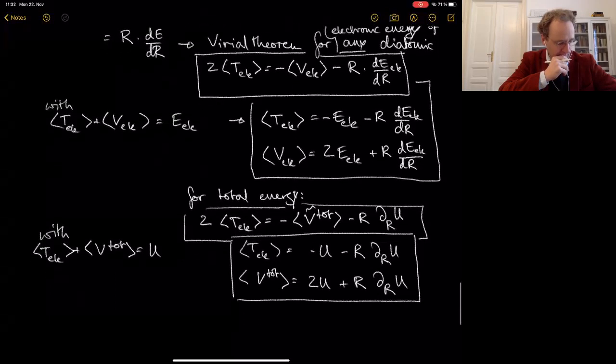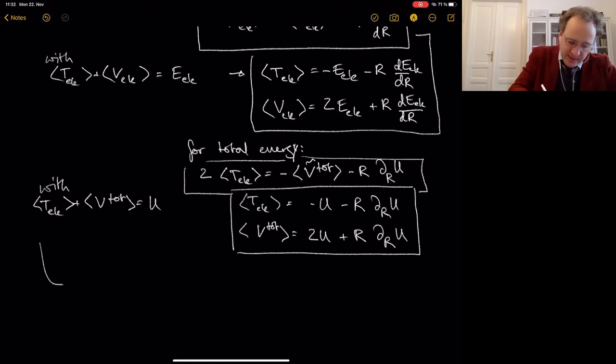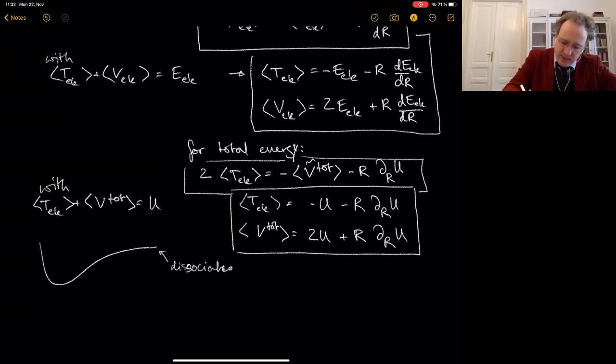We would like to discuss now something like a binding curve. So something like this, right? And we have certain regimes which we would like to see. And this is a dissociated regime. This is a regime which is far away, right? So long range.